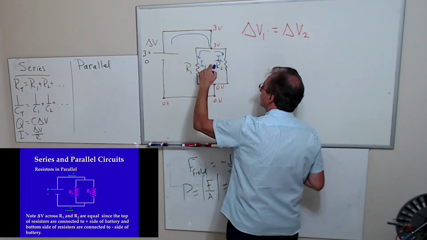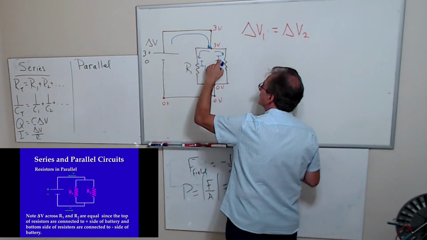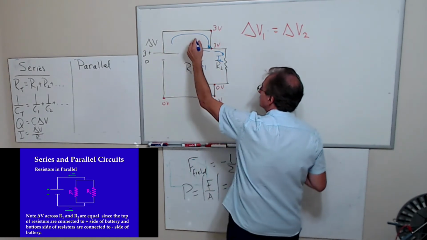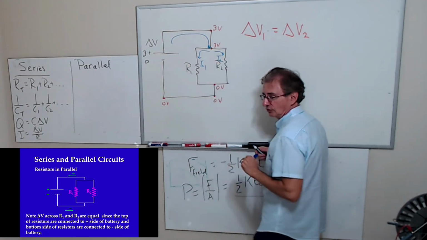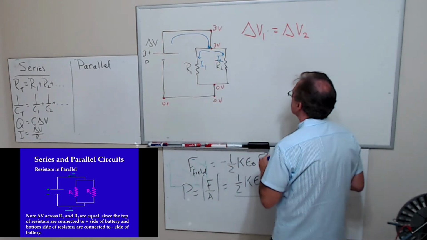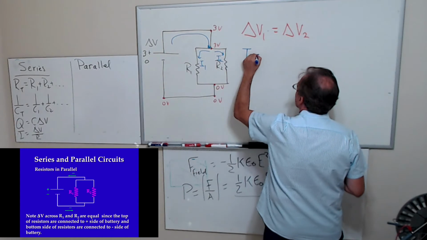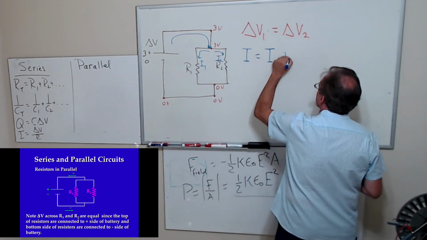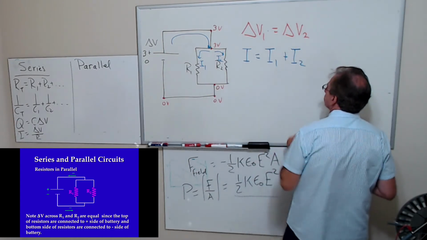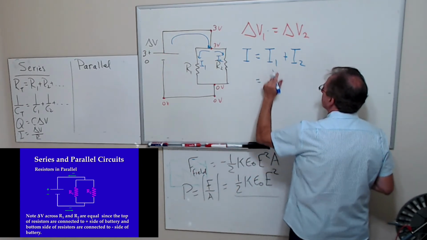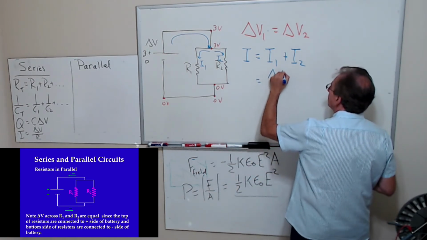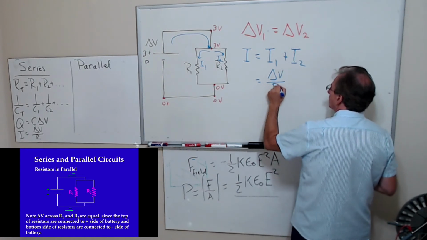But this total current, the sum of these two, has to be equal to that, because the only place the current's going to go is either this path or this path. Nowhere else. So the total current, but then I can use Ohm's law and say, I1 is just delta V over R1.